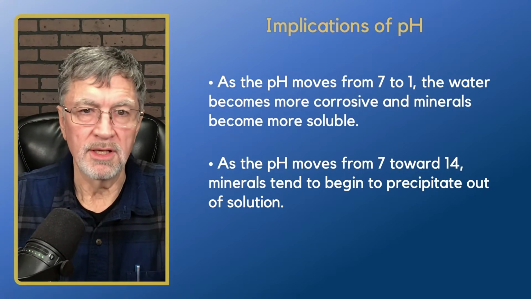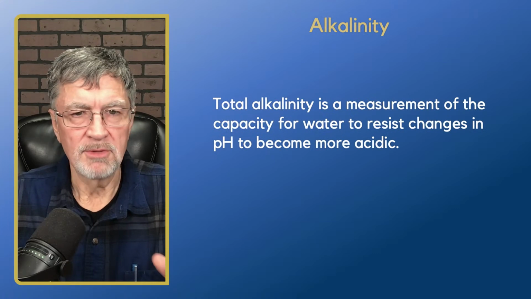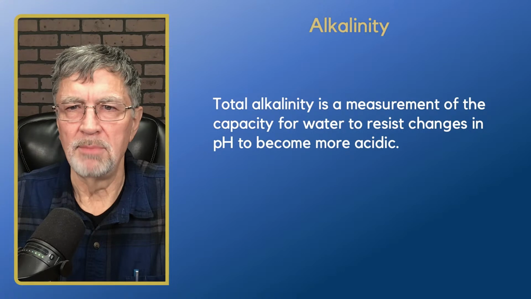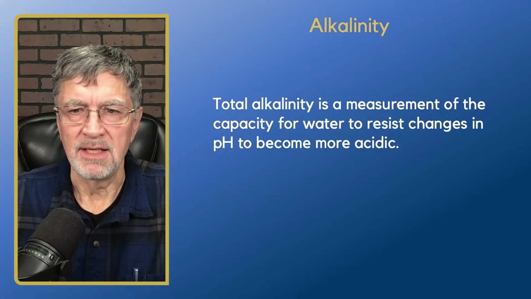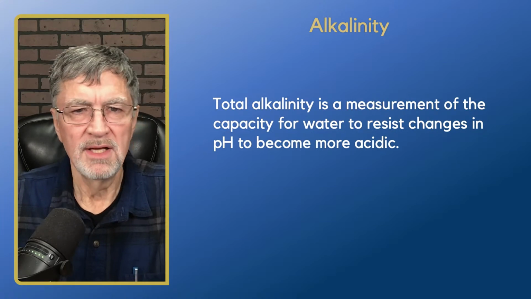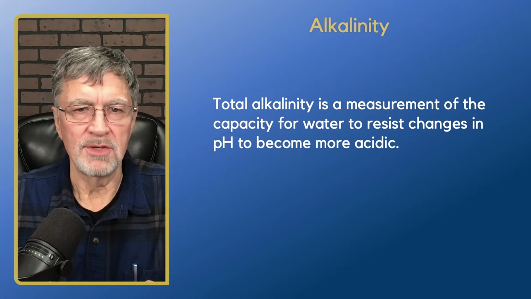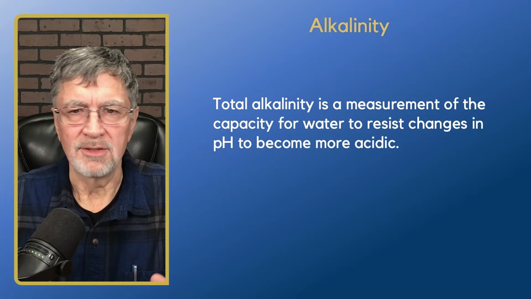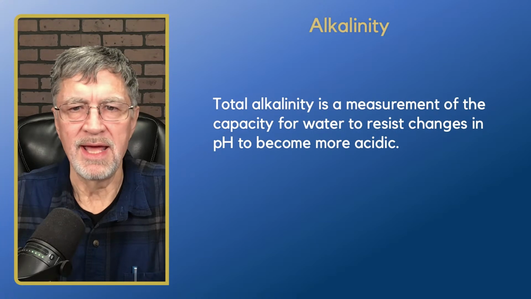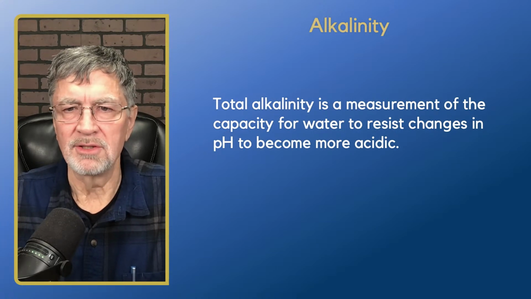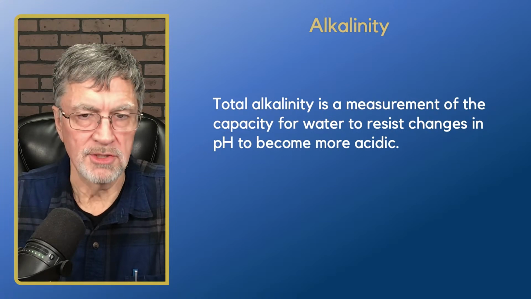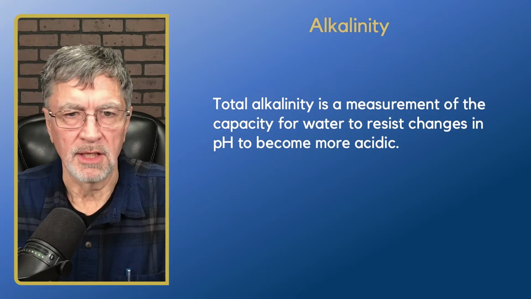So that's an important component. Some of the water quality parameters that we look at that are impacted by pH, or related to pH anyway, the first one of those is alkalinity. I did a show on alkalinity and hardness a few weeks ago, but for purposes of our discussion today, total alkalinity is a measure of the capacity of water to resist changes in pH to become more acidic.